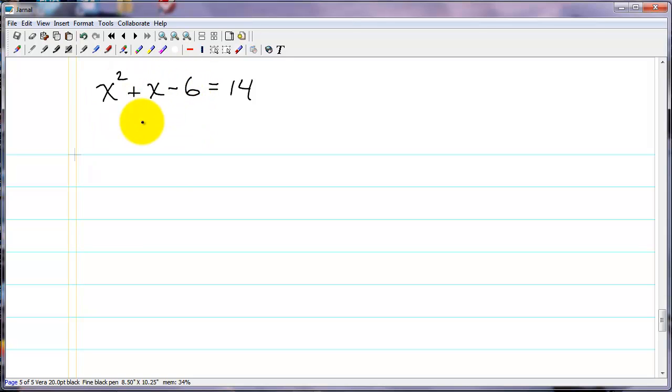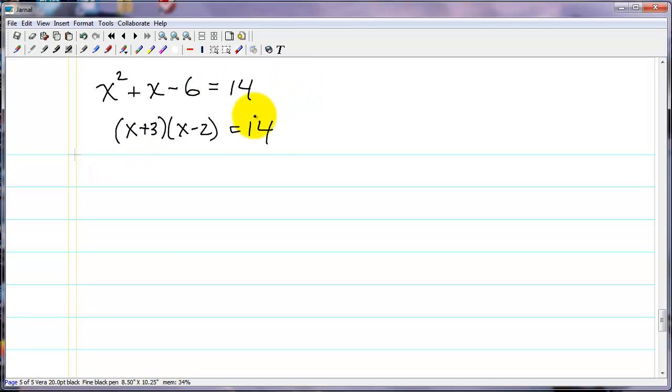So in the last problem we factored, so this factors into x plus 3 times x minus 2 equals 14. But there is no property that tells us if you have two things that multiply to 14 to narrow down what these could be. There's an infinite number of combinations of numbers that multiply to be 14. We can't say that one or other of these factors has to be a particular number.